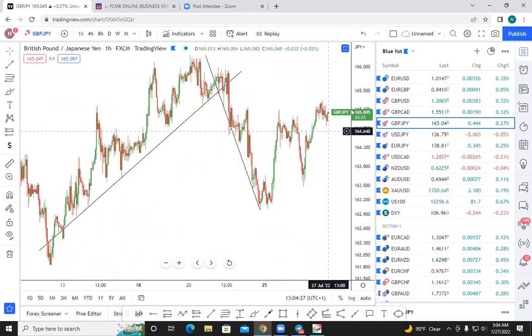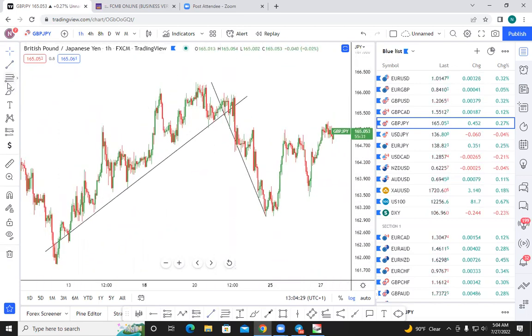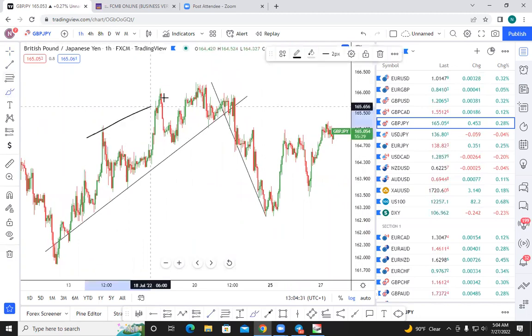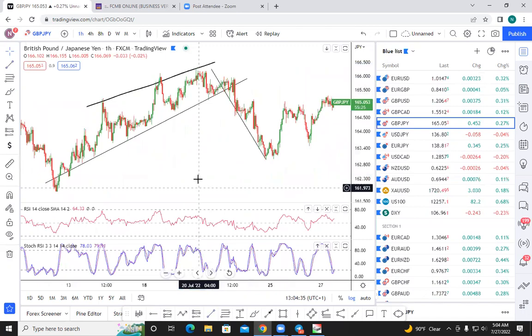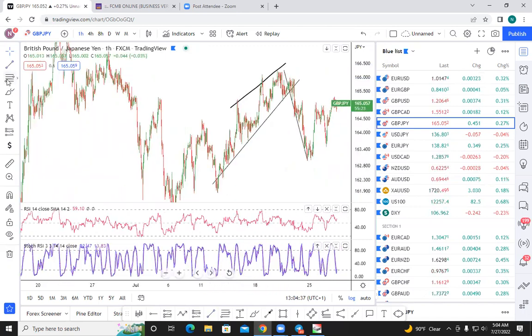And of course, you also see that this is an ending structure, forming a higher low, higher low. If you test it with a divergence, you see that on the indicator, you are seeing a lower high right here.